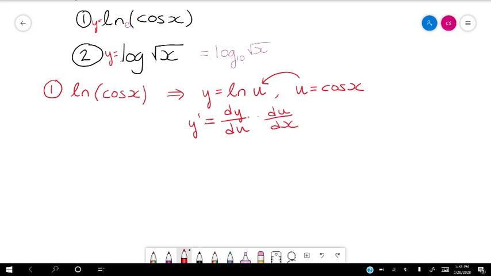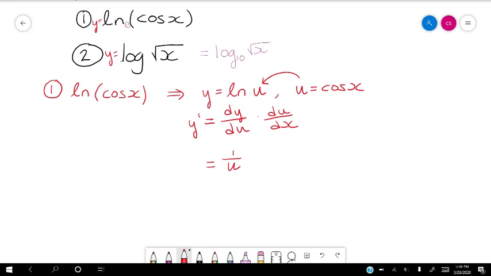So again, derivative of the outside function times the derivative of the inside function. Okay, so the natural log of u, we just learned that derivative. And natural log is the fun one because we don't have to worry about the natural log of b, right? It's just 1 over u.